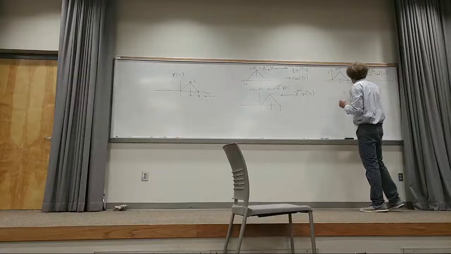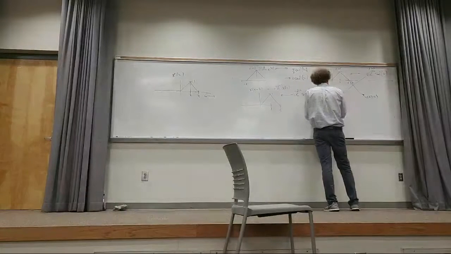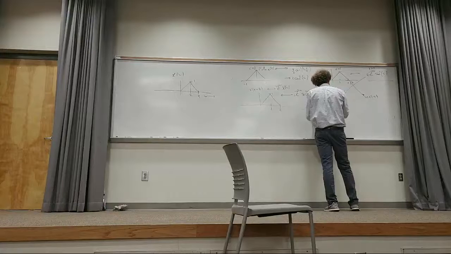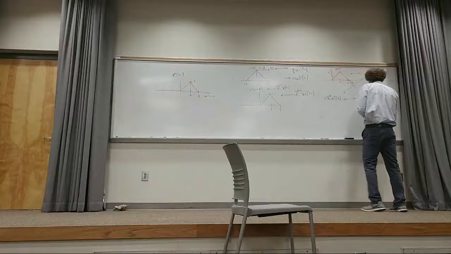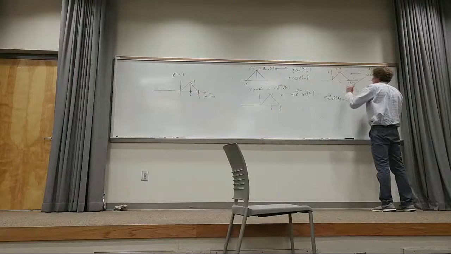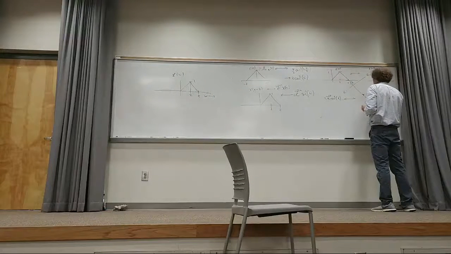And I take this function back to the time domain, and now I have 2 times e to the minus j2t times sinc squared of t, and it renders this, which is going to be 2 pi times this functional form, which is really going to be a triangle function of width 4 of omega minus 2, right?